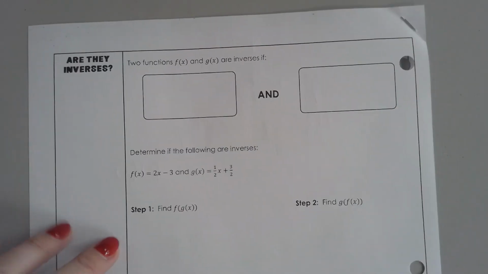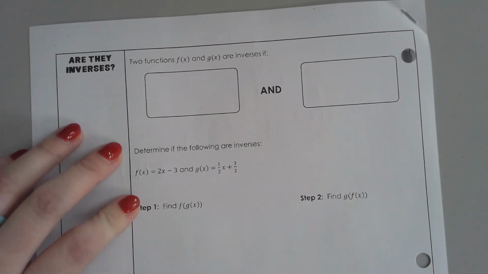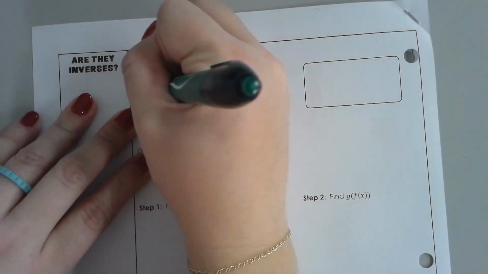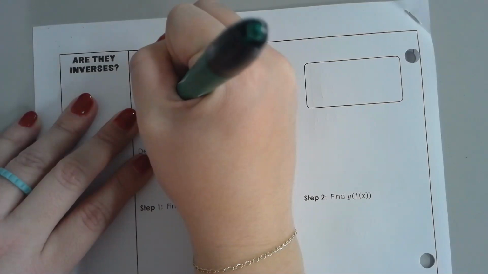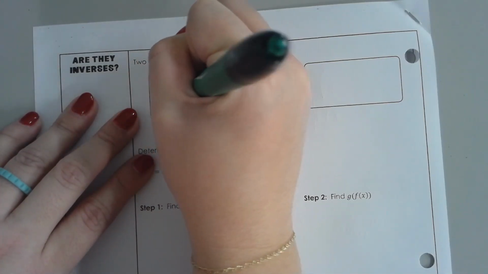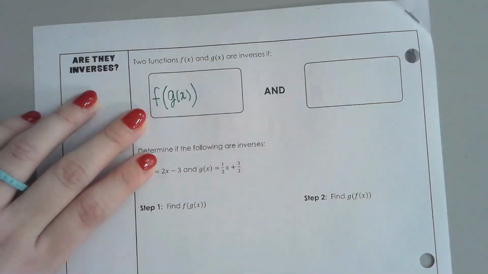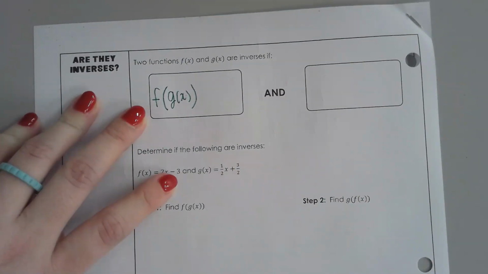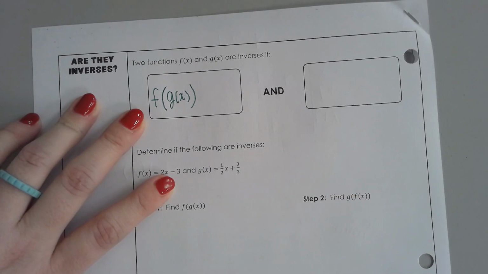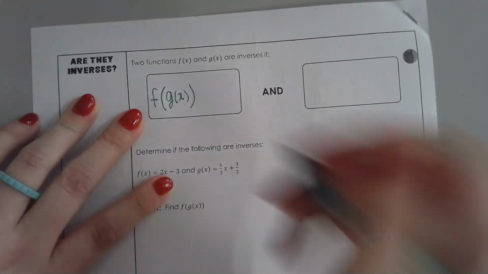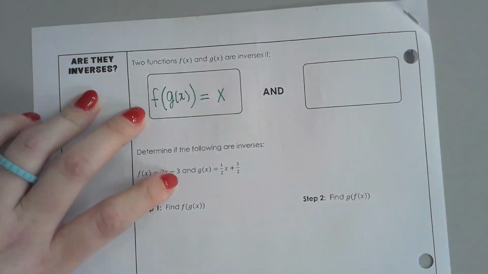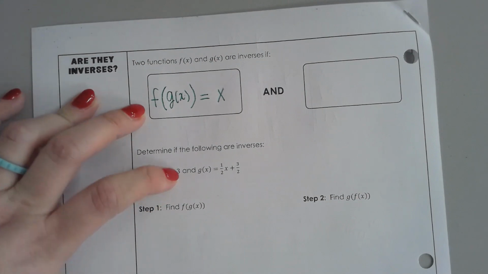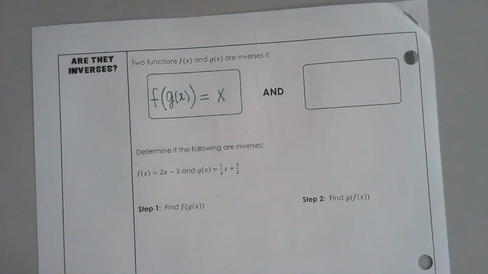Okay, and so another way to more formally check that is, if we're using composition of functions, f of g of x. If you have two functions and you want to know if they're inverses, if you plug g into f, that should equal x. And you simplify, do all the mathy algebra stuff, it should equal x.